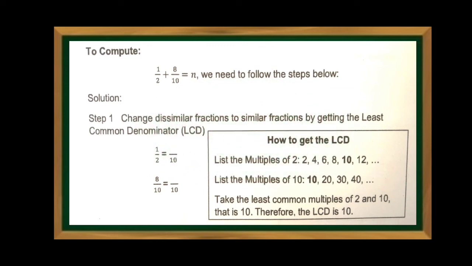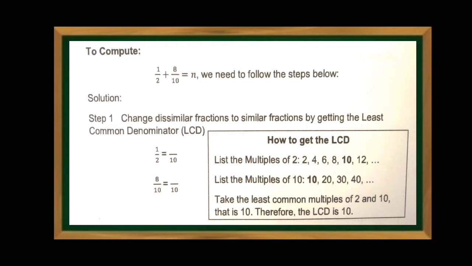So to compute 1/2 plus 8/10 equals n, we need to follow the steps below so that you are going to understand really how to add a fraction with different denominators or mixed numbers.